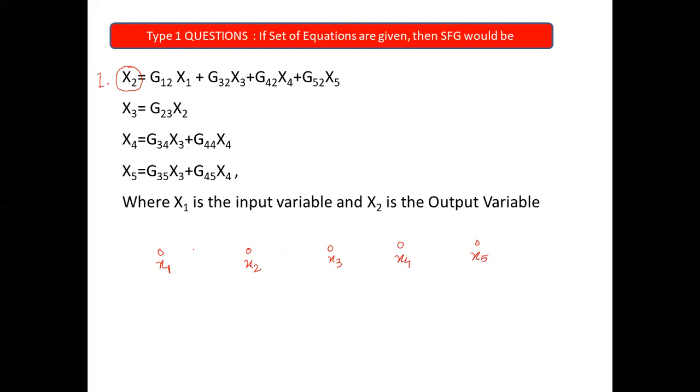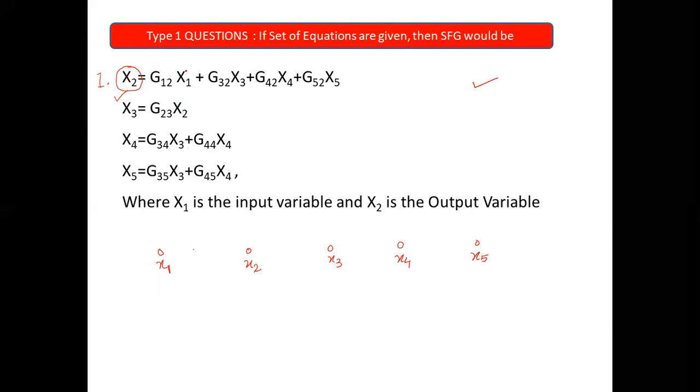Now I will try to make a signal flow graph of these particular linear equations. So I am considering equation number 1. In equation number 1 there is a state variable which is basically x2. And how are we getting signals to x2?